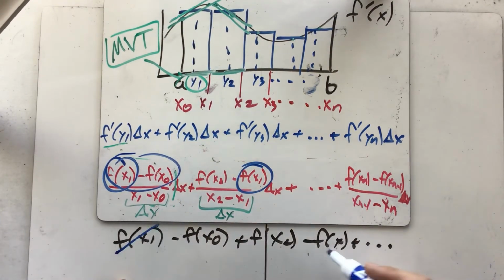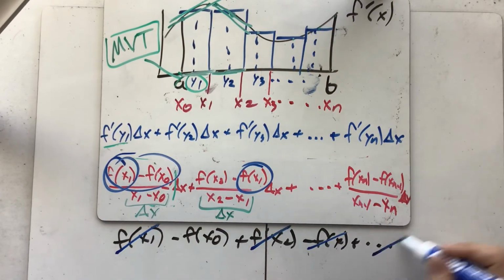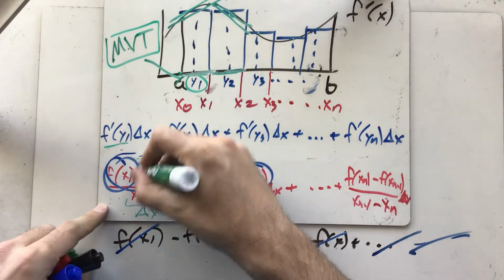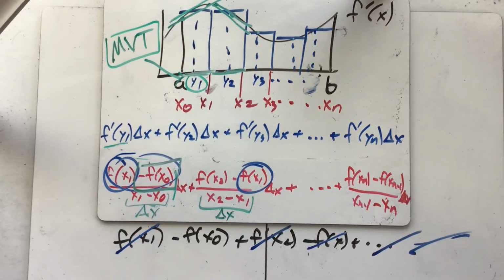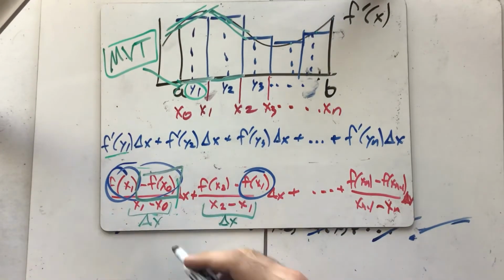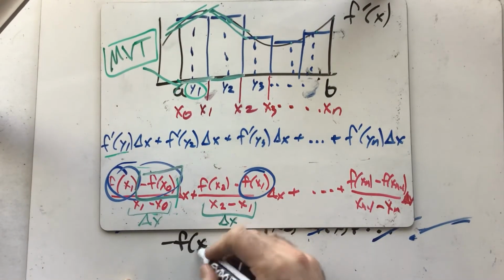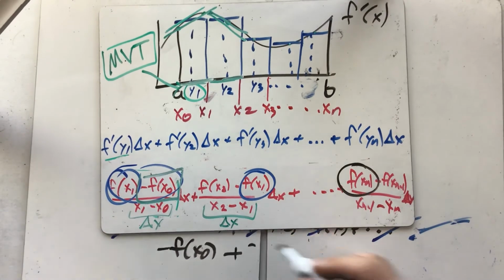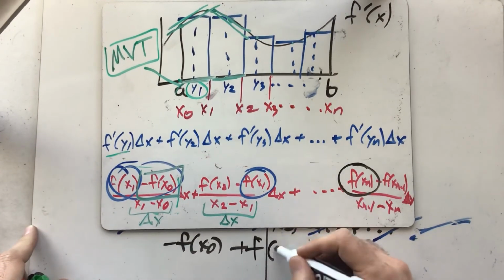So this x1 and this x1 cancel each other out. This x2 and that x2, which would have been from this problem, cancel each other out. And everything cancels out except two pieces. This very first piece of this equation stays, and that very first piece of that equation is minus f of x0, and this very last piece of this equation stays, plus f of xn.